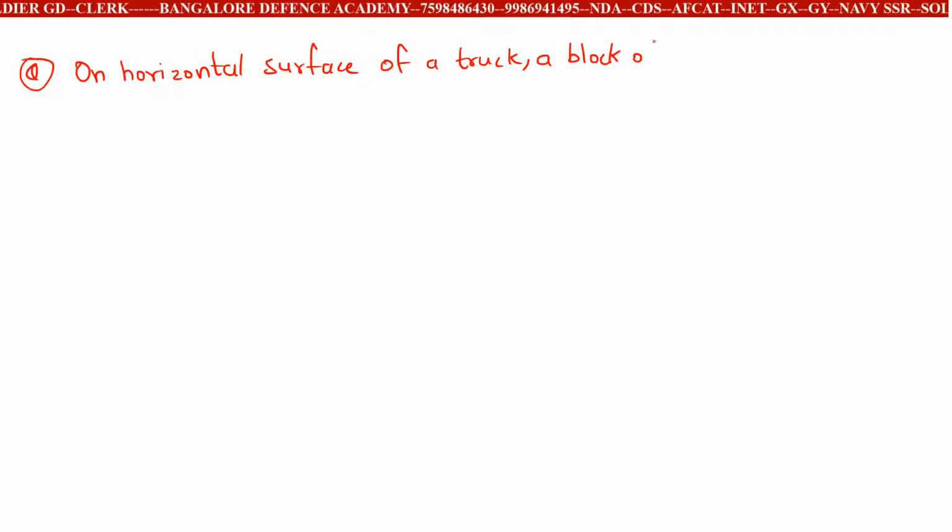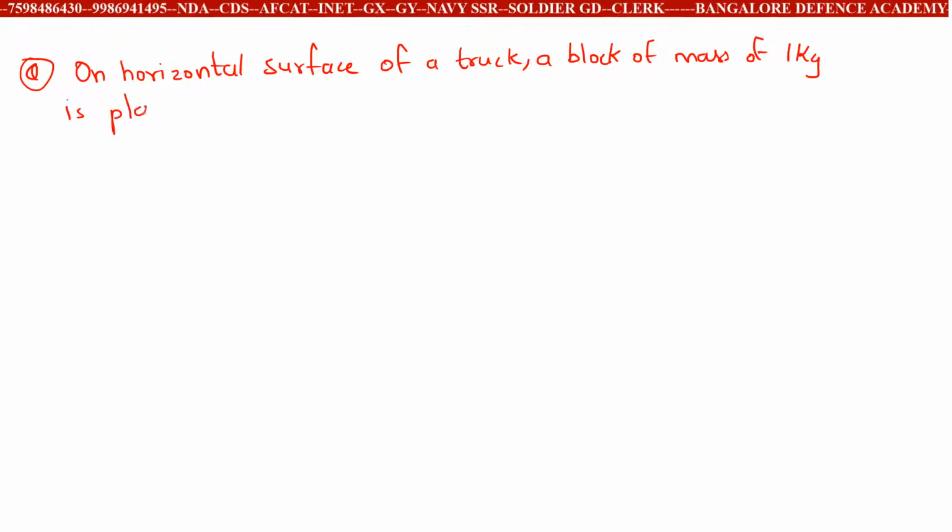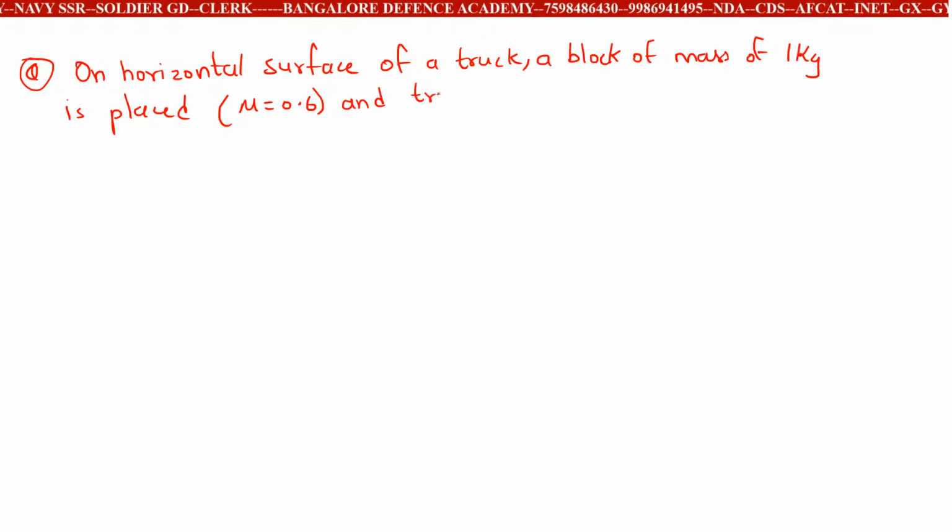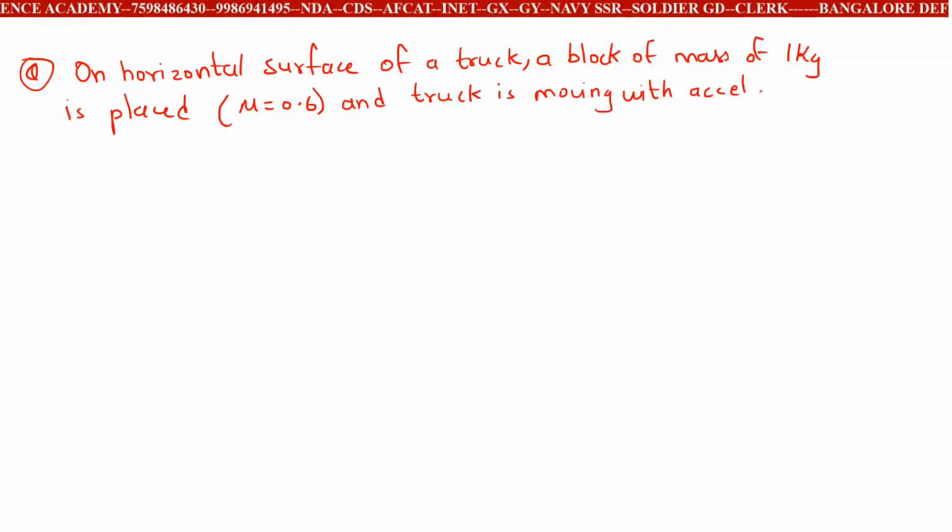Next, third question. On horizontal surface of a truck, a block of mass of 1 kg is placed and truck is moving with acceleration 5 meter per second square.